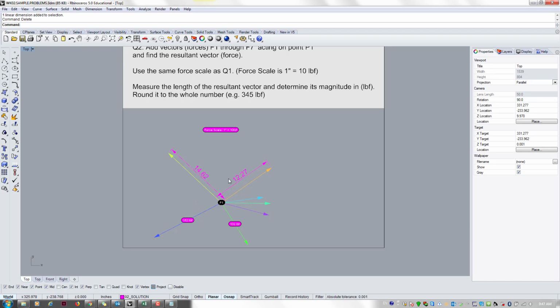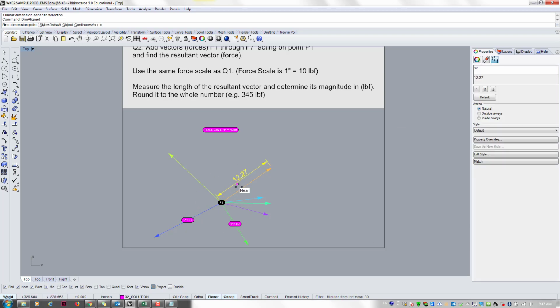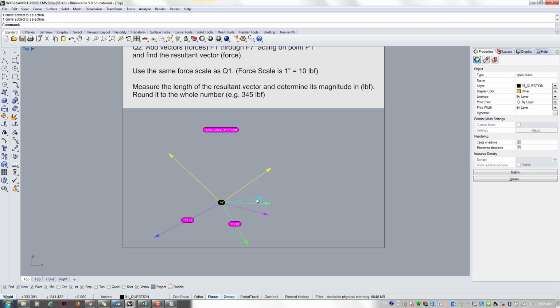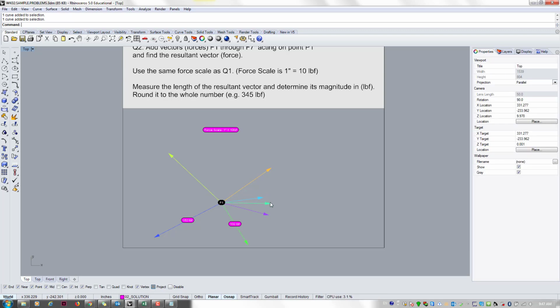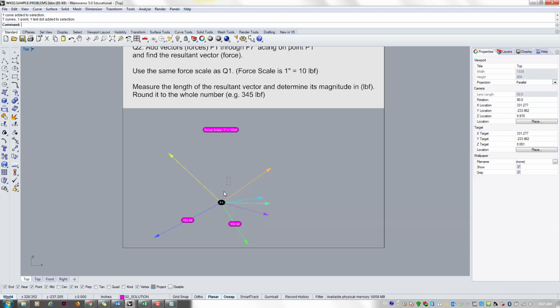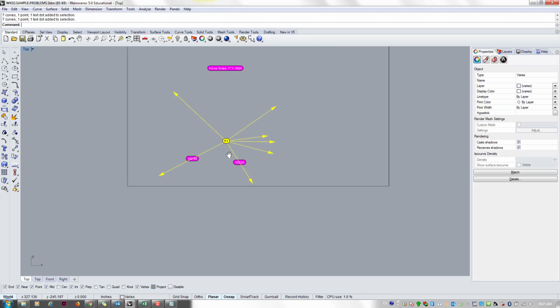So on and so forth. You don't actually need to label all of this, but just know that each of these has a specific length and it does represent a specific magnitude of force. But all we care about is the addition of all of these vectors, right? And they're all concurrent, being applied at point 1.